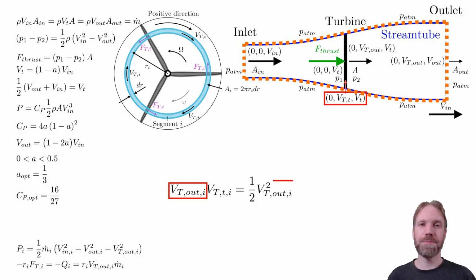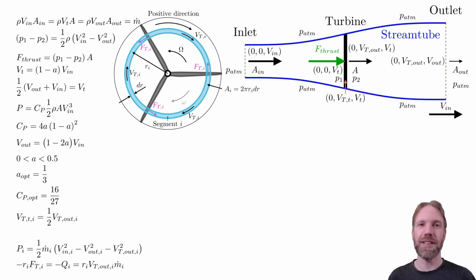Divide by Vt. We can now see that the velocity inside the turbine disk is half the velocity after the turbine, which is similar to the normal velocity. But remember that the normal velocity has a smooth change in velocity, while the tangential velocity jumps at the turbine.